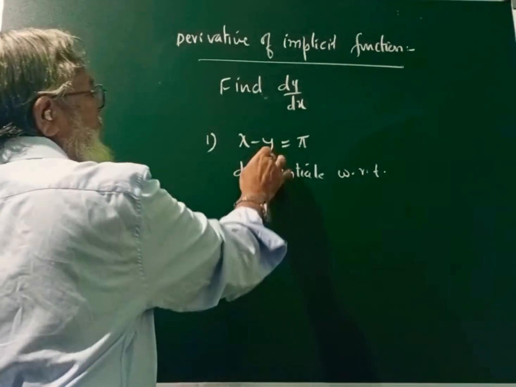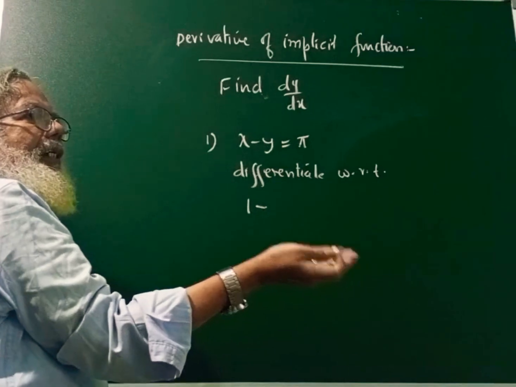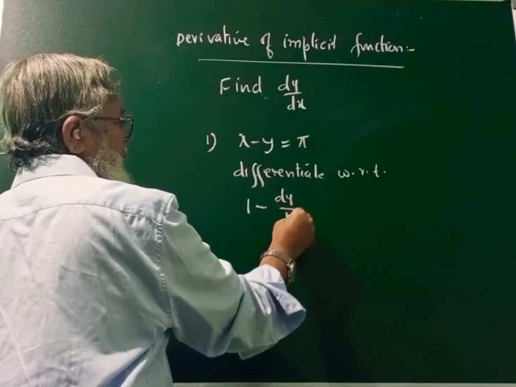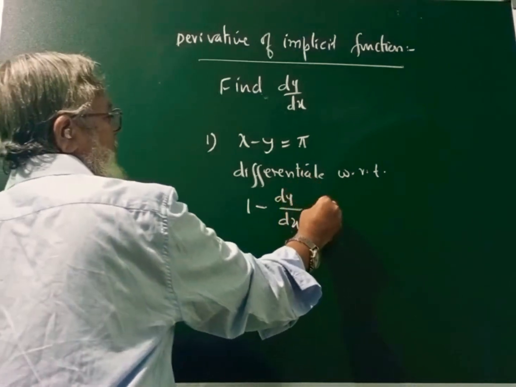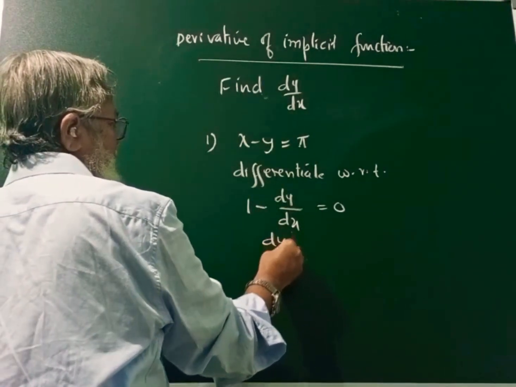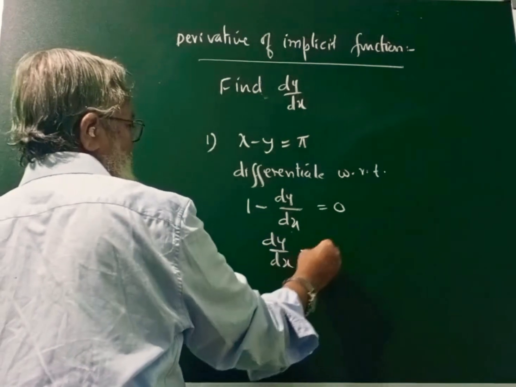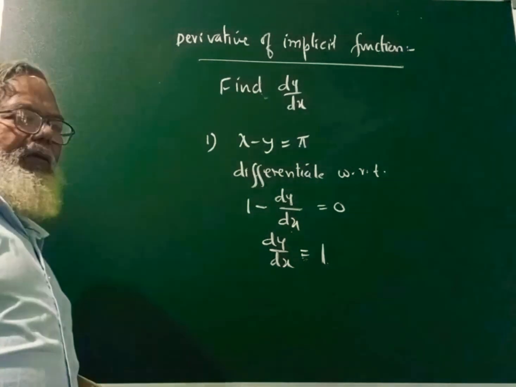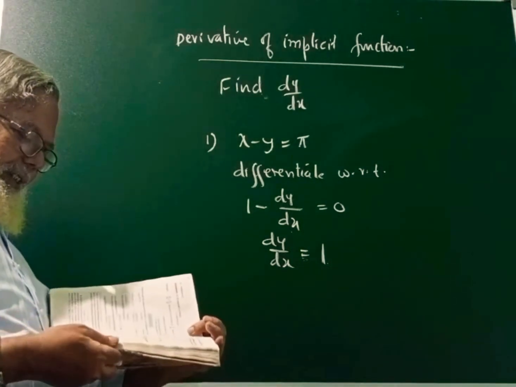Now differentiation of y with respect to x, that is dy by dx. And differentiation of a constant is 0. Therefore, we can write dy by dx is equal to 1. That is the value of dy by dx here.